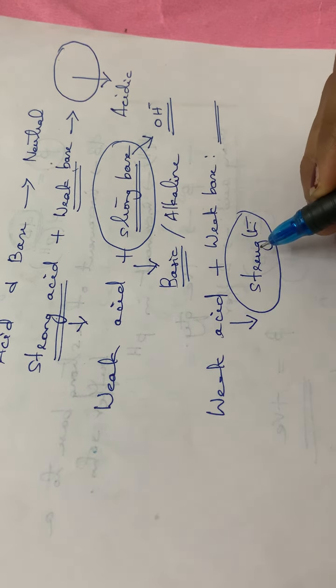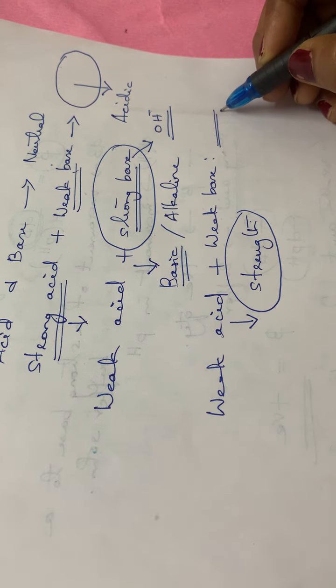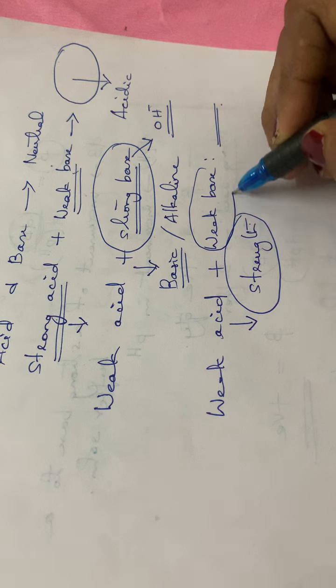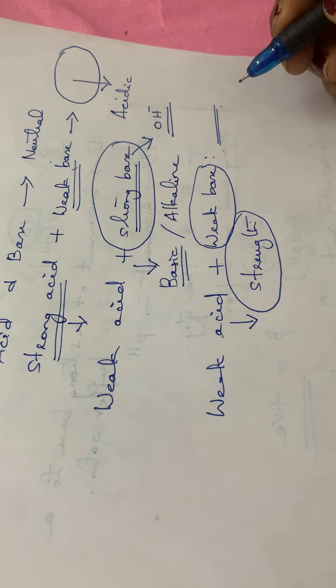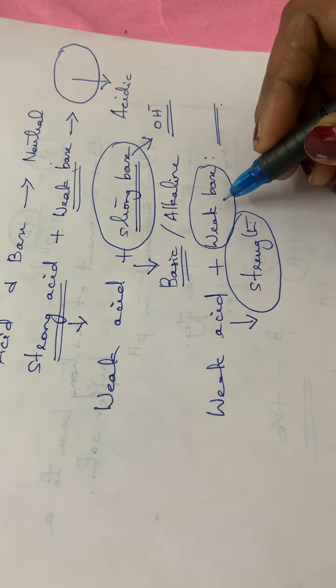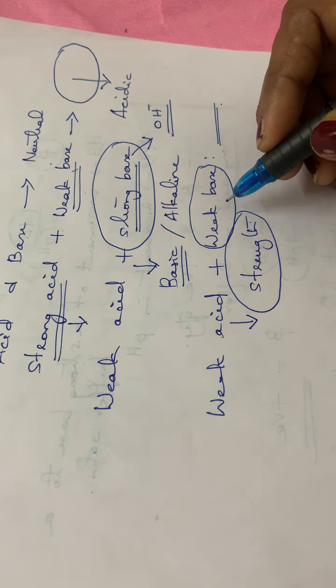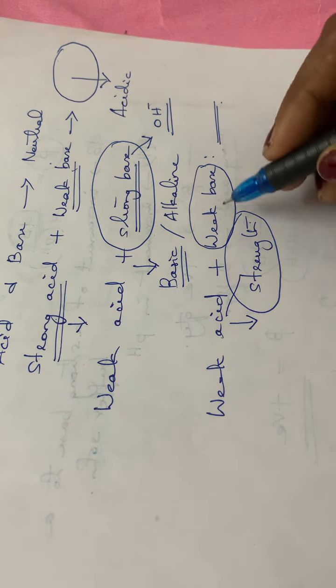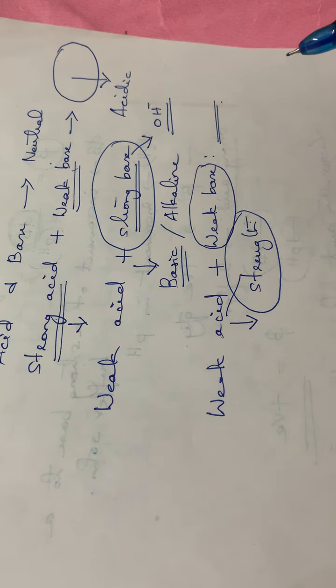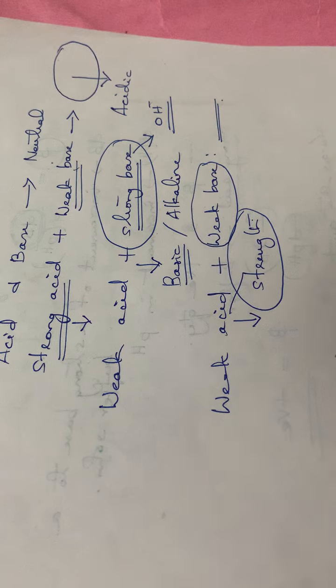If the acid strength is greater, then the resulting solution will be somewhat acidic in nature, and if the basic strength is greater, then the resulting solution will be basic in nature. So if we are mixing a weak acid and a weak base, the resulting solution depends upon the strength of the acid or base we are mixing. Okay, so this is the third case.